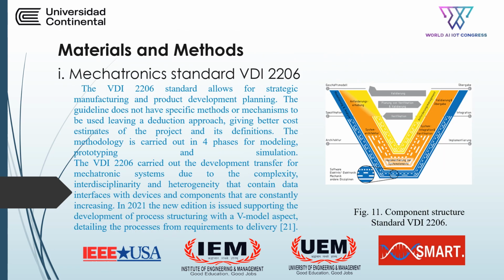The materials and methods: this standard allows for strategic manufacturing and product development planning. The guides have specific methods or mechanisms to be used, with an inductive and deductive approach, giving a better cost estimate and project definition. The methodology covers the phases of modeling, prototyping, and simulation.